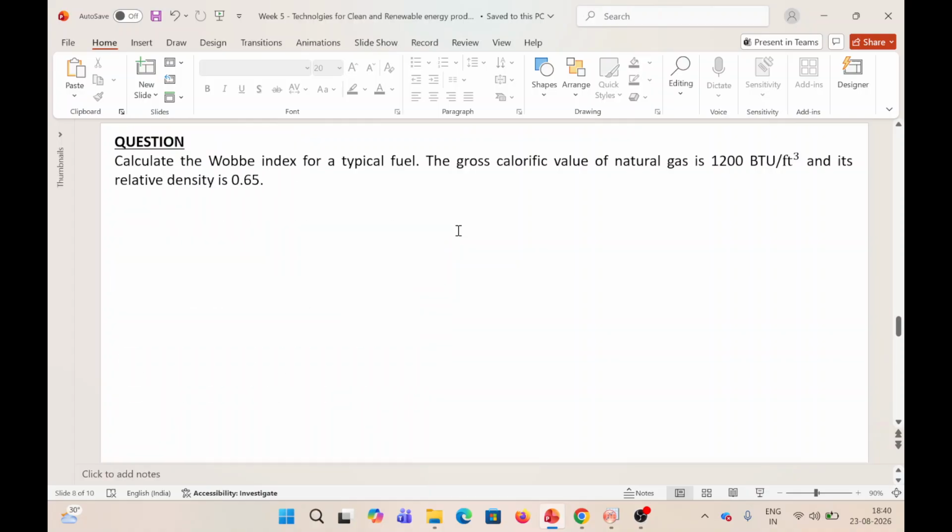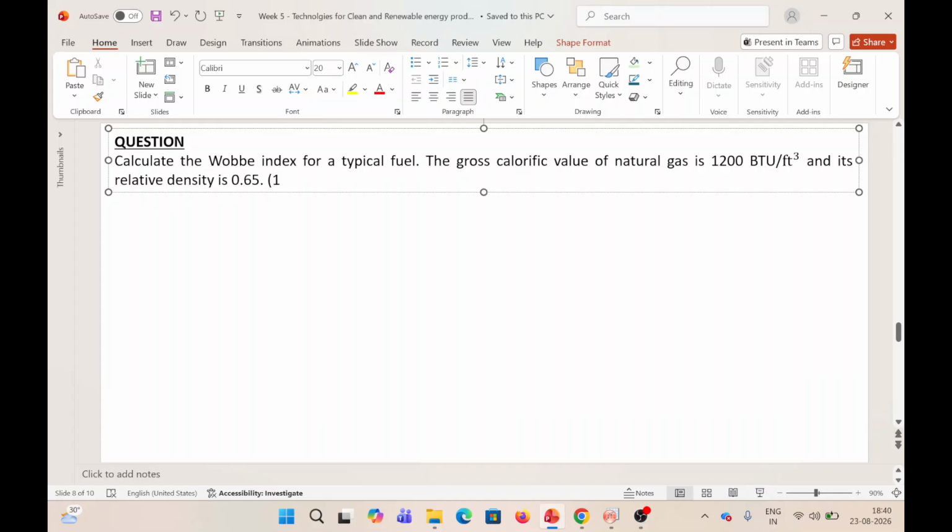So moving to the next question, it's a problem. Calculate the UV index for a typical fuel. Gross calorific value of the natural gas is 1200 BTU, which is a unit of energy, per feet cube, and its relative density is 0.65.